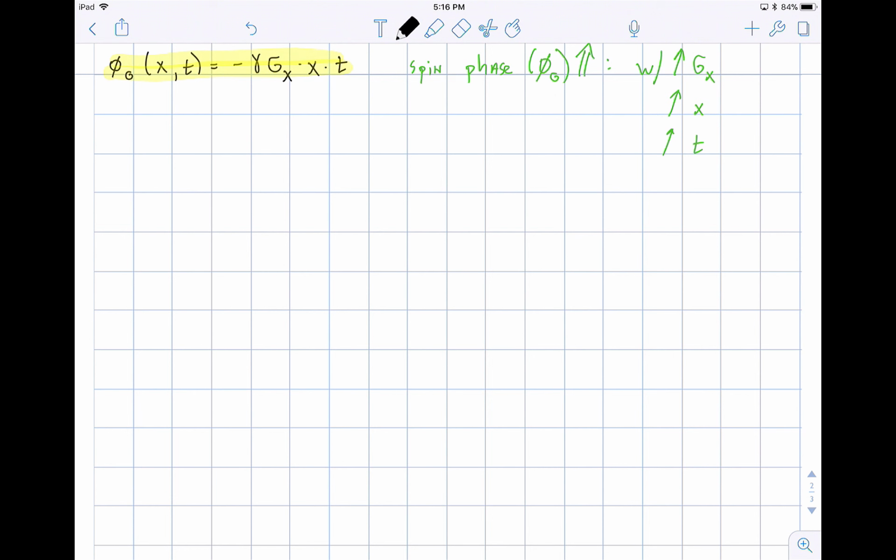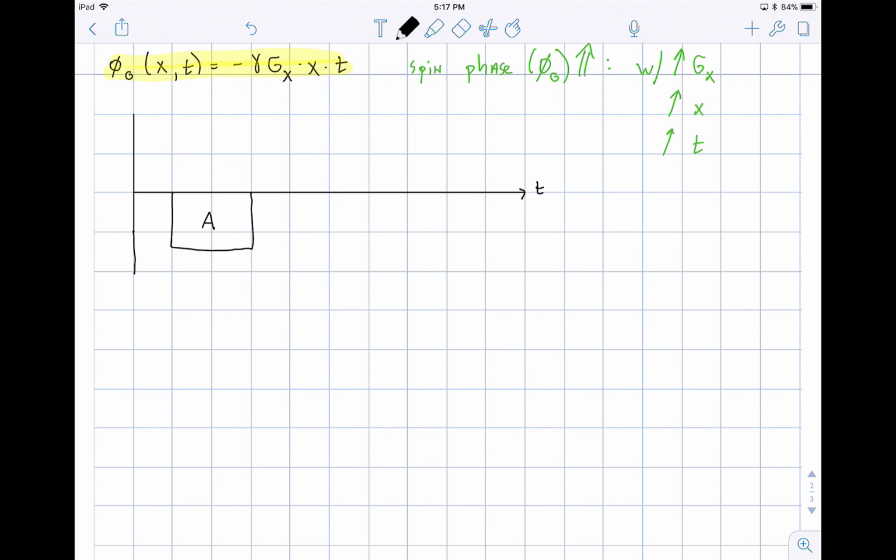The setup is, let's consider a gradient. The gradient that I care about is one that I can move on, say, negatively. Sometimes we care about gradient areas because they capture the product of both strength and duration, right? So we can say this is a gradient of area A.